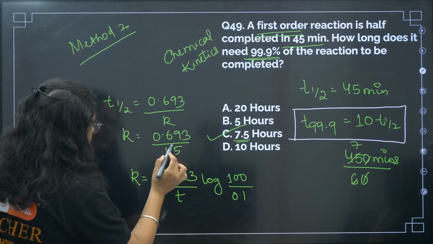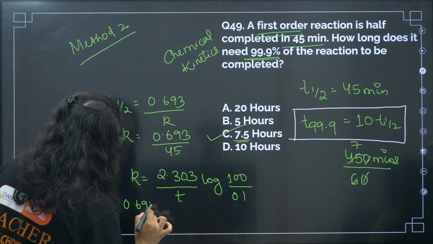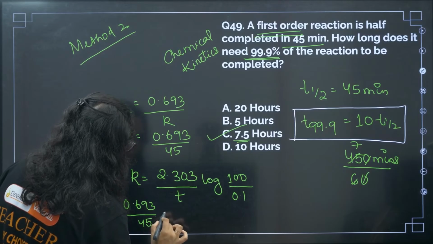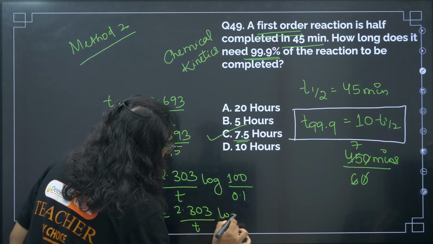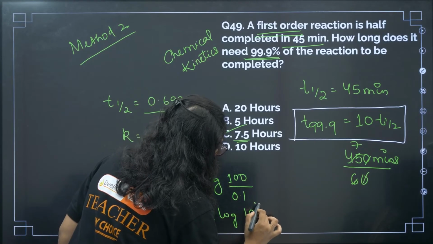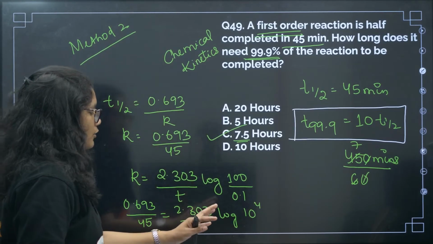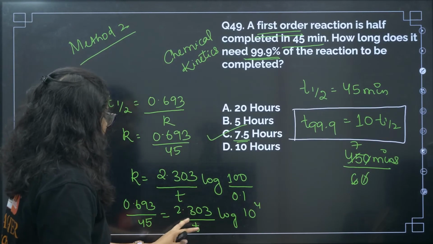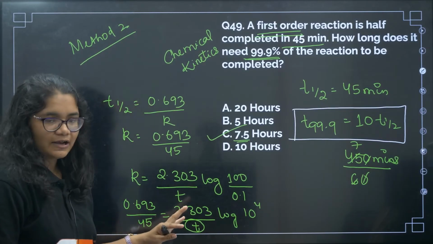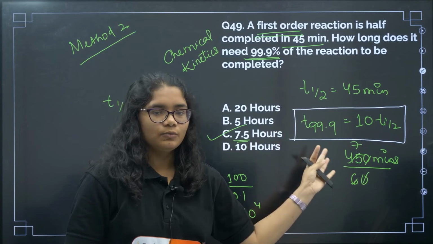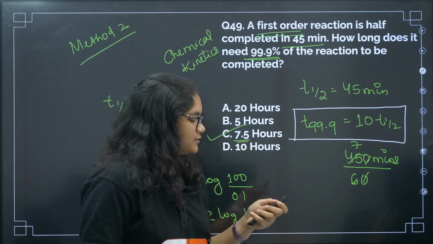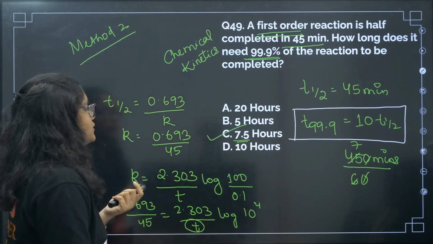So just substitute these values, we'll have 0.693 by 45 is equal to 2.303 by T log of 10 to the power of 4, right? So now you can solve this one and find this T value. It will have a lot of calculation, and this question you can easily solve in just 1 or 2 minutes, right? So the correct answer for this question is option number C.